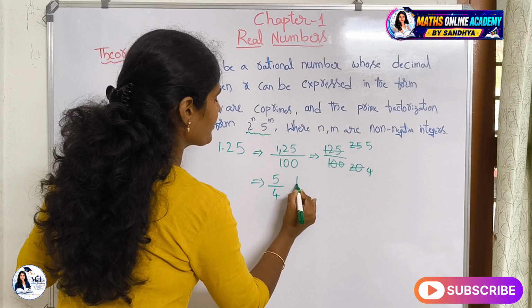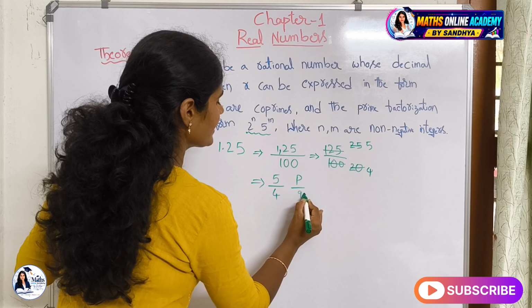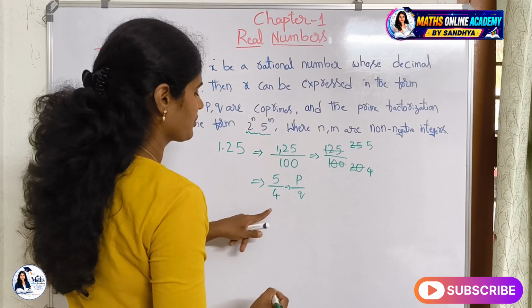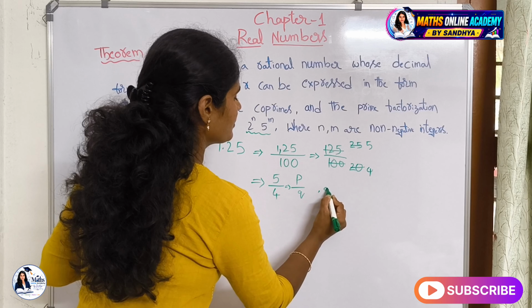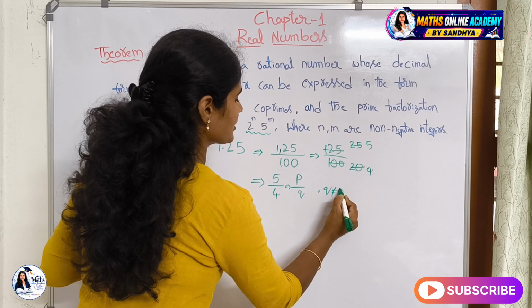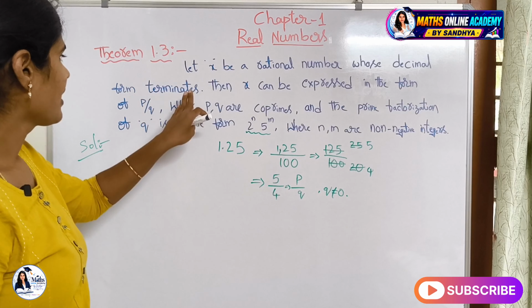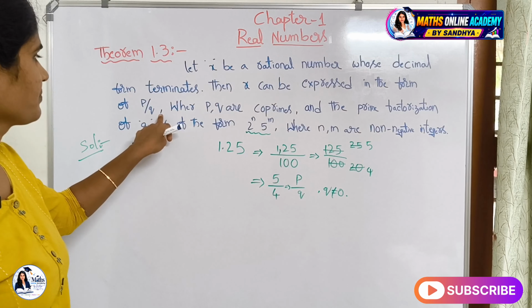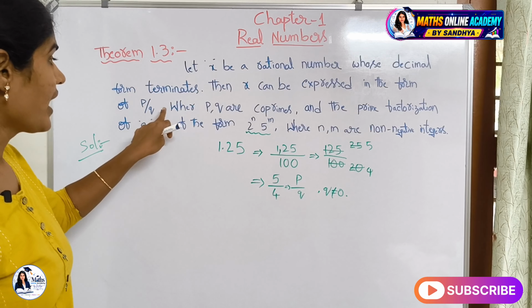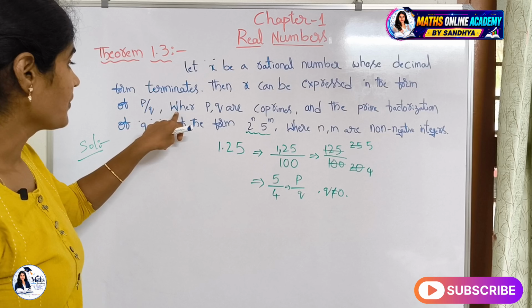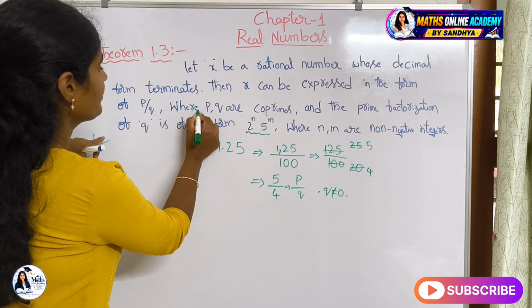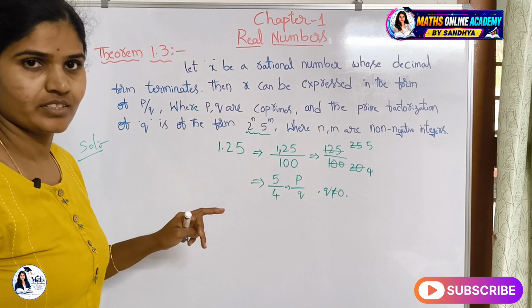Is it in the form of p by q? Yes, it is in the form of p by q. Here q is not equal to 0. Up to this we finish in the form of p by q, and we have to show that p comma q are co-primes.